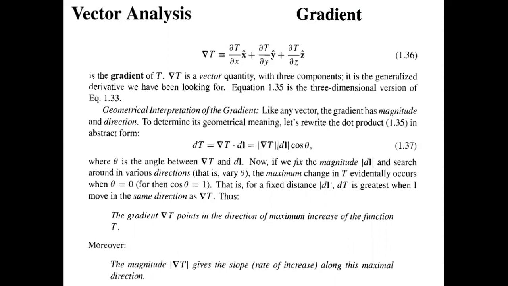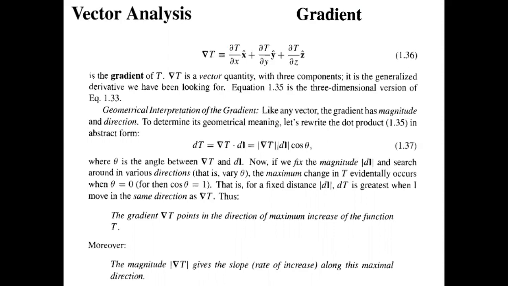To start with, we need to understand what a gradient is. Basically, the mathematical expression is delta T, which is expressed this way. A gradient converts a scalar, where T is a scalar and delta is an operator, into a vector.